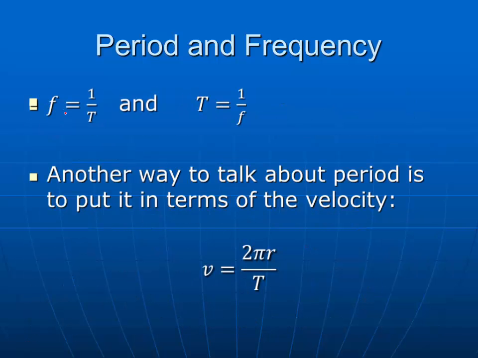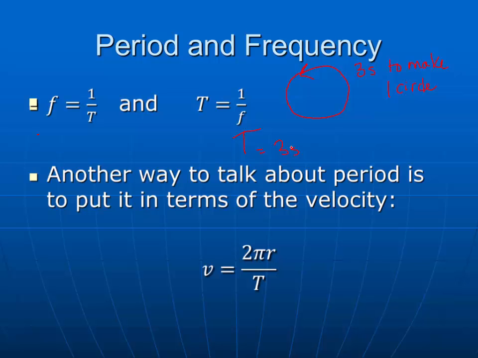Let's take a look at what that looks like. Frequency is equal to 1 over the period, and period is equal to 1 over the frequency. So, for example, if it takes me 3 seconds to make one circle, then my period is 3 seconds.